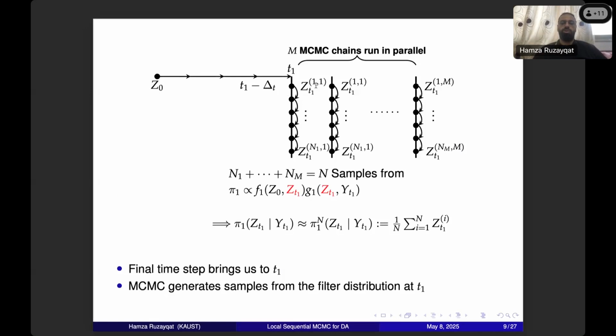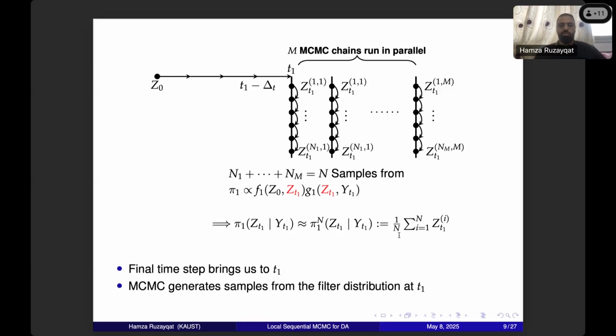So you got here N1 samples from the first chain, and you do the same for the rest of the chains, and here you get NM samples. Stack all of them together, you get N samples from the first distribution, then evaluate the mean. I should put a bar here to indicate that we are interested in the mean of this filter. So the mean will be just the average of these samples.